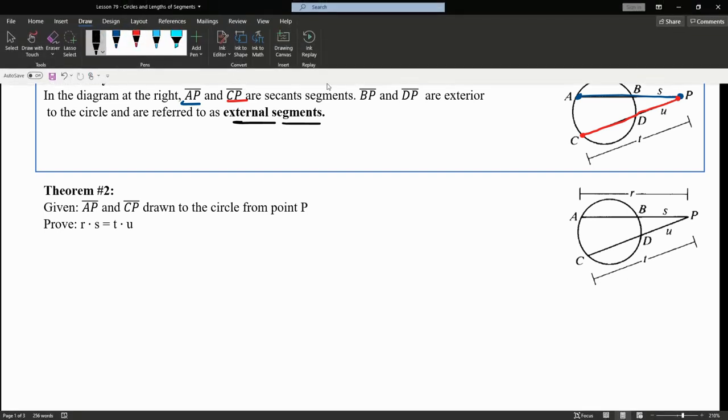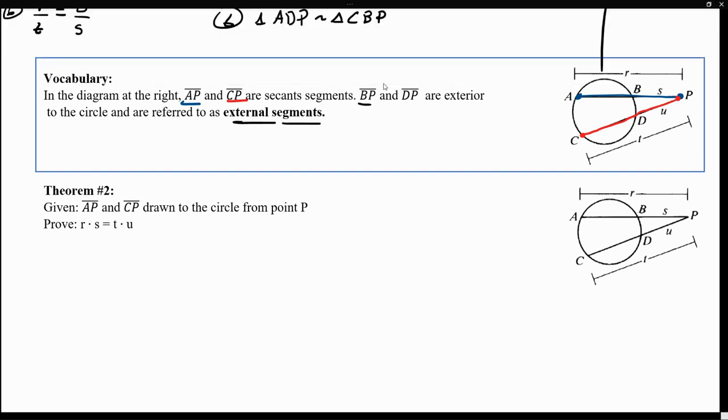And now what we want to show is that BP and DP are, well, let's identify where they are. So BP is right here, and DP is right here. They're what we call the exteriors of the circle, and they're referred to as external segments, which are segments that are outside of a circle, which are within a secant line.